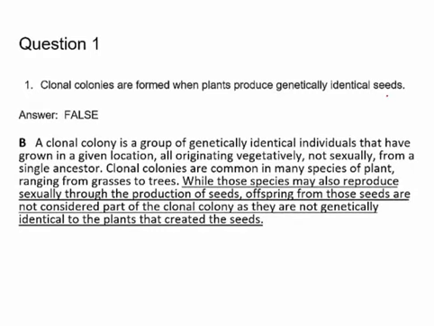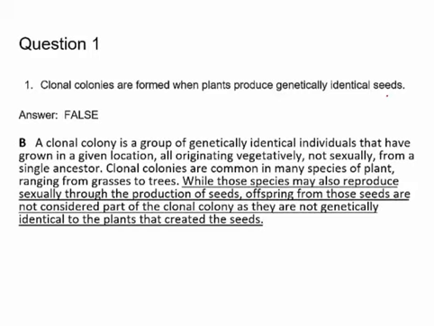It says, while those species, the group of plants that can produce these clonal colonies, may reproduce sexually through the production of seeds, there's our key word right there, offspring from those seeds are not considered part of the clonal colony, as they are not genetically identical to the plants that created the seeds.